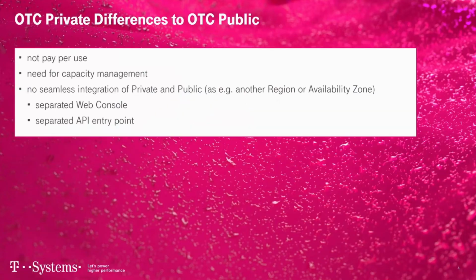Okay, so what are the differences? The difference is quite evident. You're buying capacity on private. You're not using the pay-per-use model here. In the public environment, you just don't care: you claim your resources, you pay for them, and you release the resources. But on the private side, you have the pay-per-capacity model, which means that you also need some sort of capacity management.